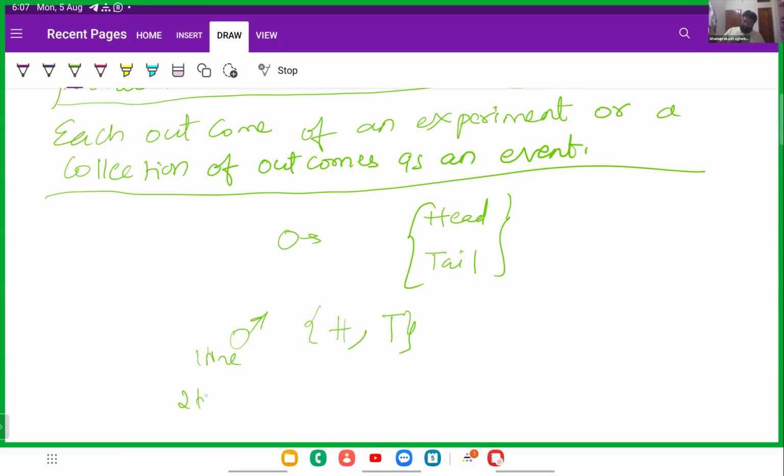If I go two times, it may be head or tail, tail or head. This is how it is. So the collection of possible outcomes after doing n number of experiments is called sample space.